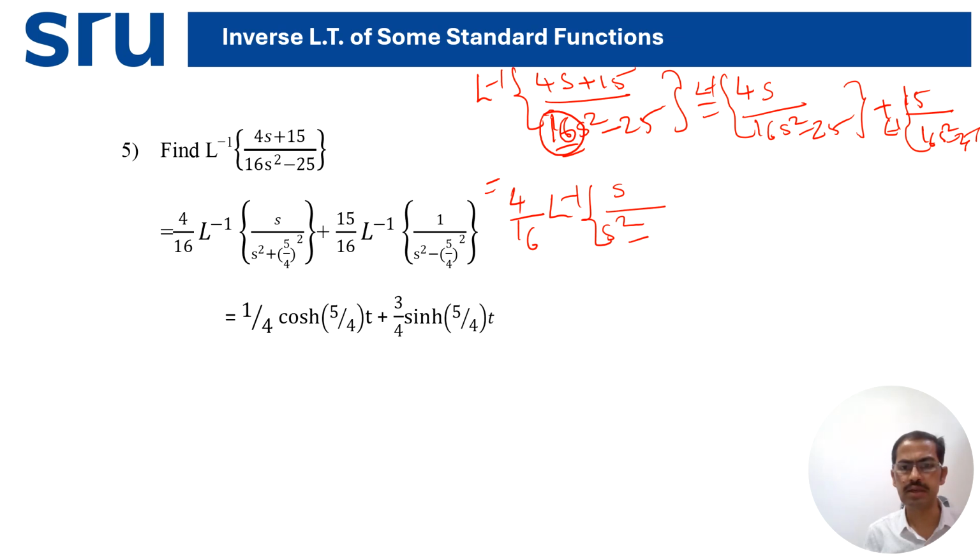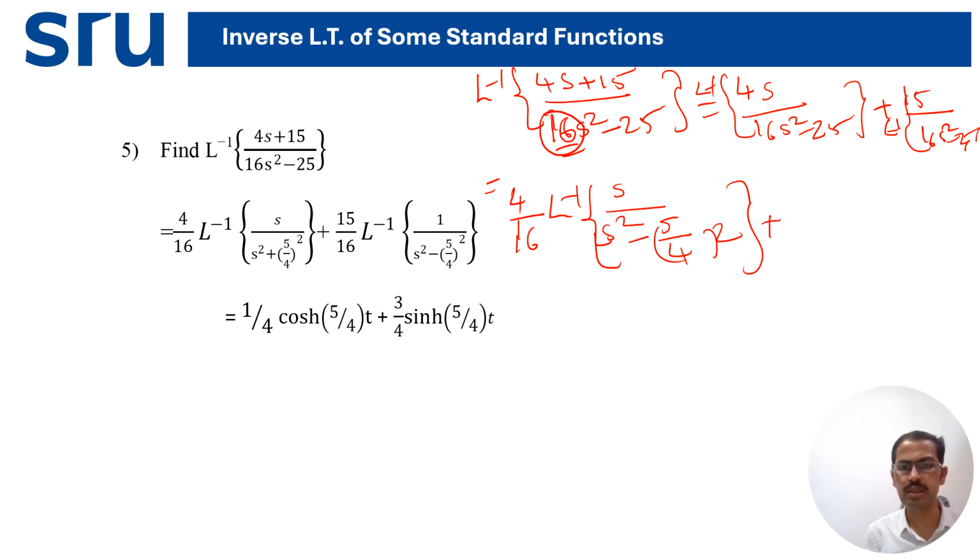Here 25 you can write as (5 by 4) whole square times 16, and 16 you can write as 4 square. 4 square is 16, so the 16 cancels. So this is equal to s by s square minus (5 by 4) whole square. This is the first fraction.